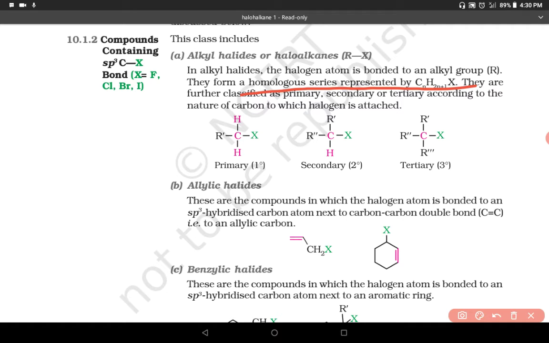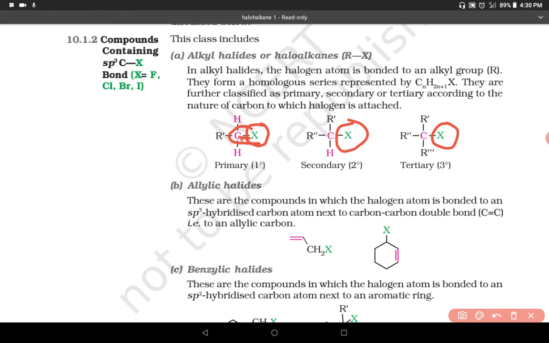They are further classified as primary, secondary, tertiary according to the nature of the carbon to which the halogen is attached. First find the halogen, then choose the carbon to which it is attached, and focus on that carbon.